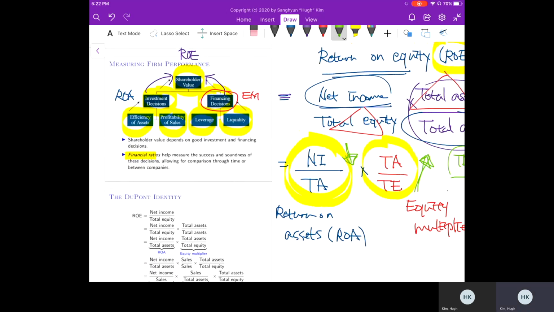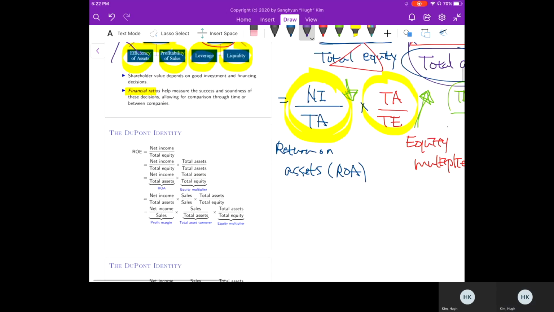So we're going to decompose the success of investment decisions into two parts to better understand the firm's operations. We're going to start from here. So again, ROE is net income over total asset times equity multiplier.